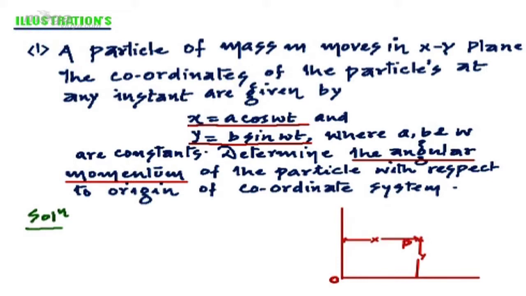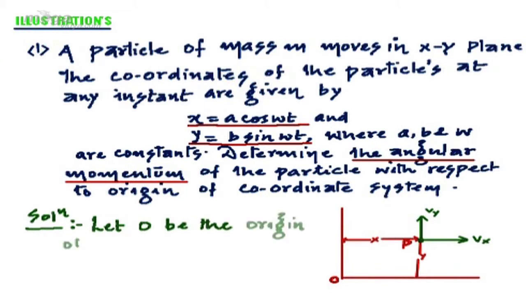The velocity along the x-axis can be represented as vx and along the y-axis by vy, as in the figure. Let O be the origin of the coordinate system.